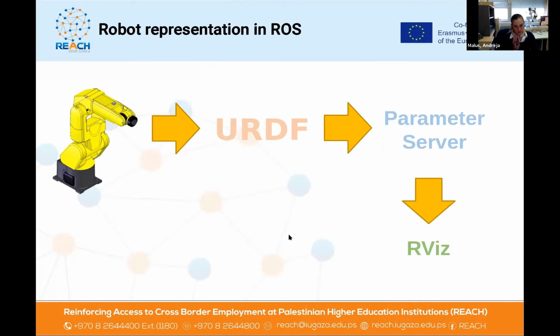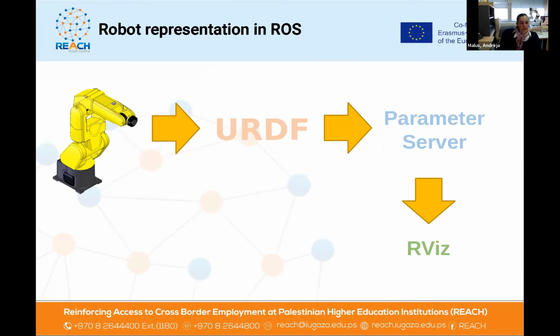So ROS is meant to represent real robots, and robots are very different. So we need a way to represent their shape, their physical characteristics in ROS.